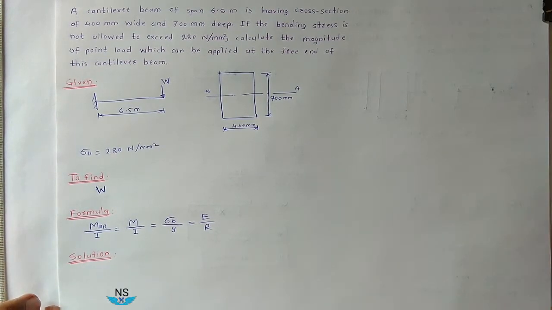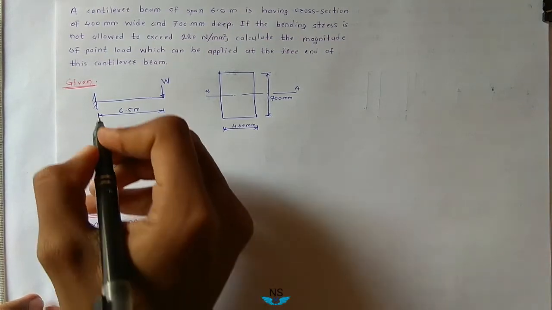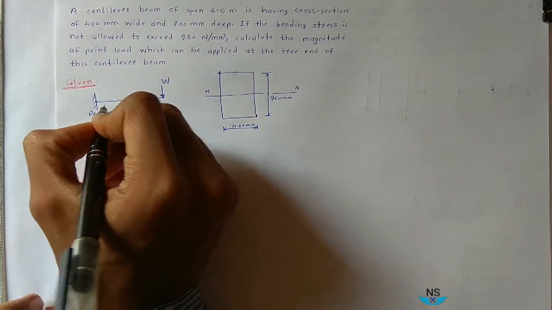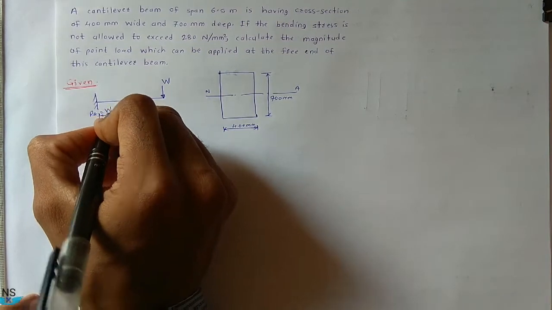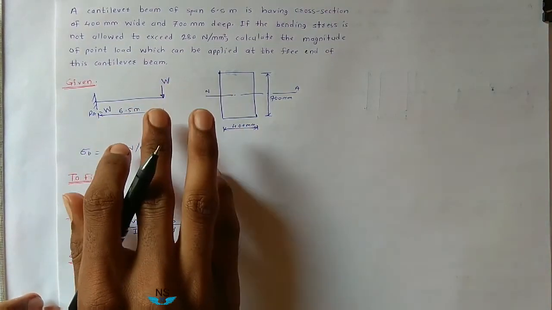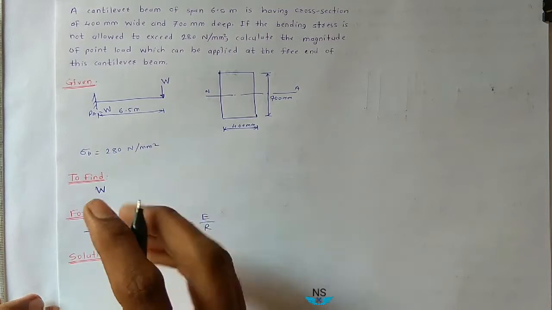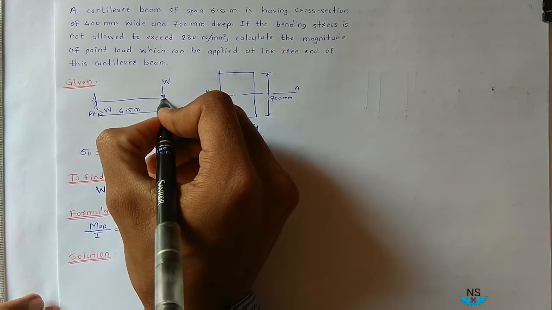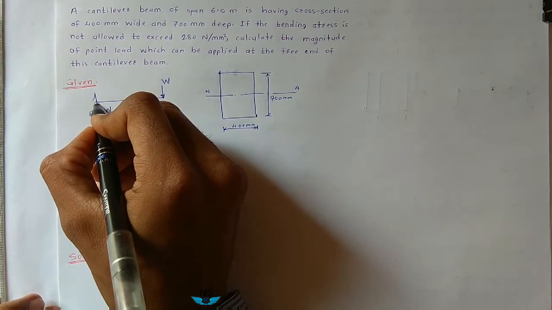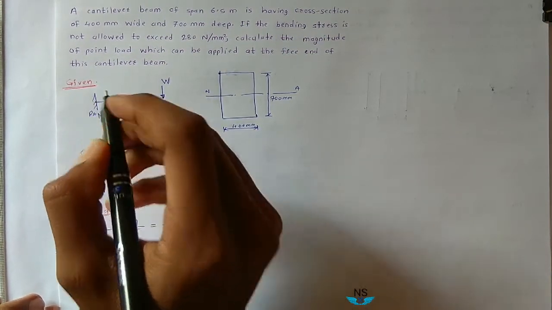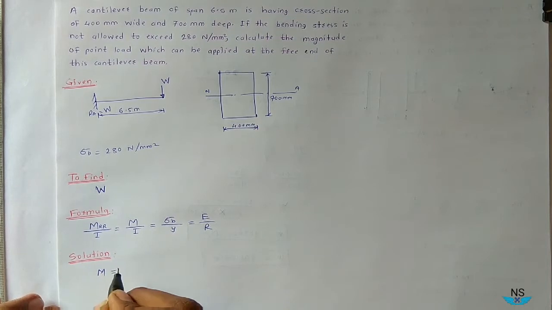Let us see solution. First find out moment. So RA, if this is W, then RA is equal to W because there is only one point load. Now moment at free end for cantilever beam is 0 and it is always maximum at fixed end. So find out the moment at fixed end.